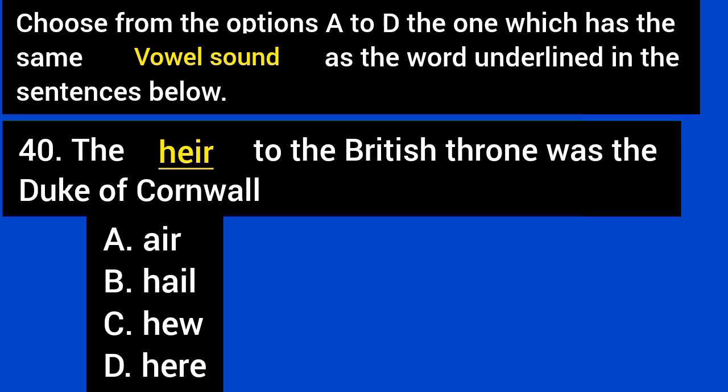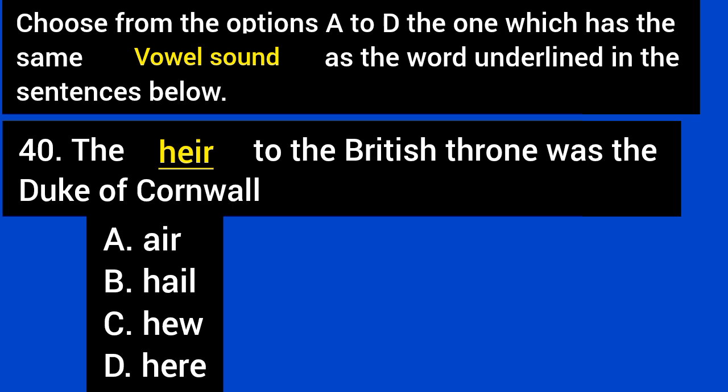We are looking for the word heir, okay? The word heir has been underlined. So we want the sound heir, okay? So we have A as heir, B as hail, C as hew, and D as hear.